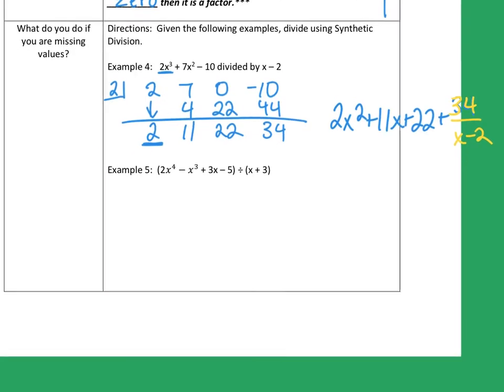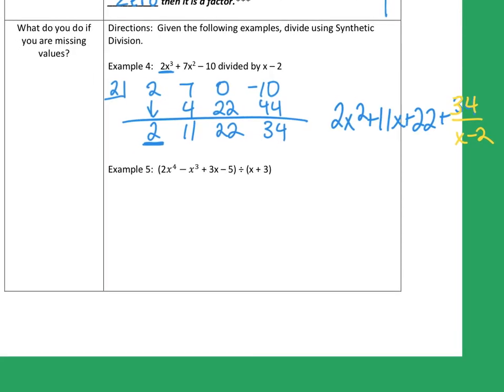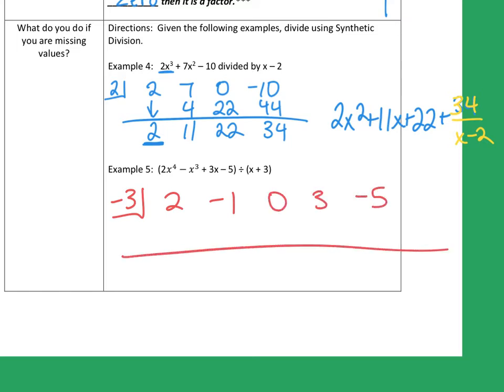Okay? And then for this next one, very similar. Ledge guy should have been negative 3. We should have then had 2, negative 1, 0, 3, negative 5. Draw your line, drop down your 2. 2 times negative 3 is negative 6. Negative 1 plus negative 6 is negative 7.